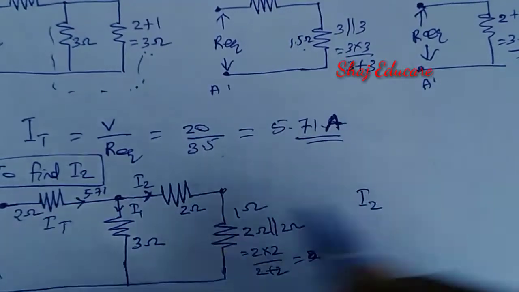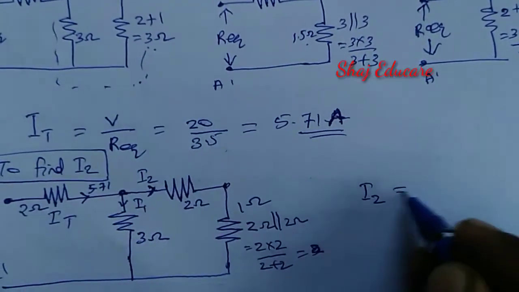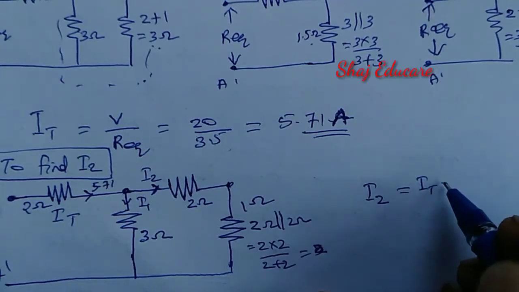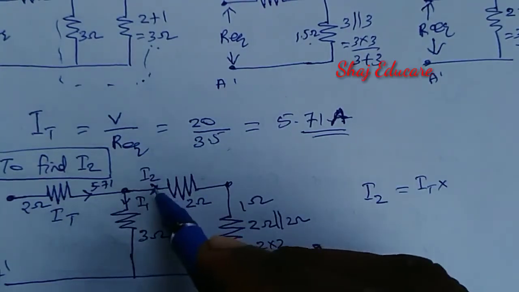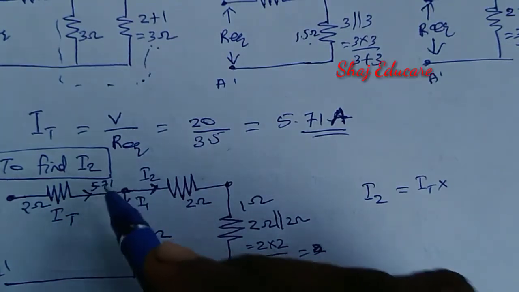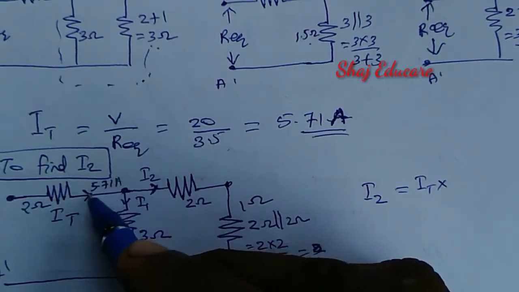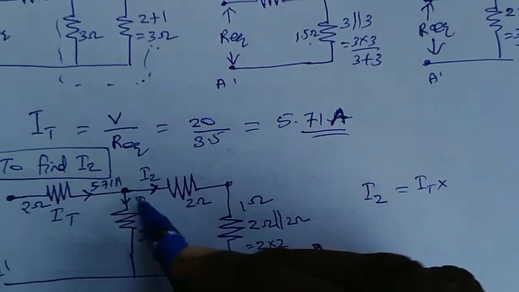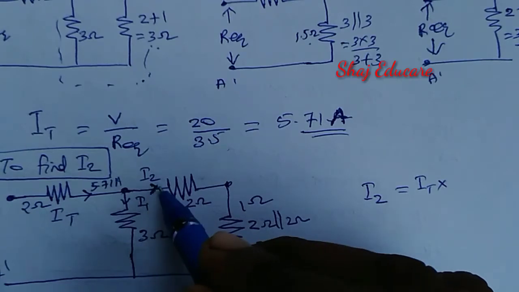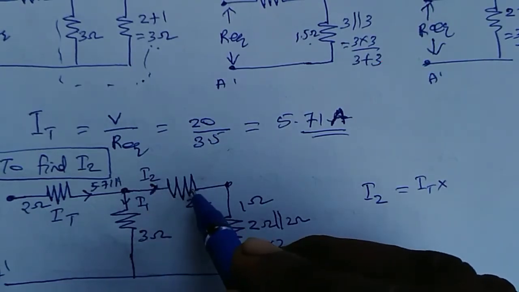So I'm going to find the branch current I2. I2 will be the total current IT, which is 5.71 ampere, into the opposite resistance. I2 is the current flowing through this 2 ohm resistance.